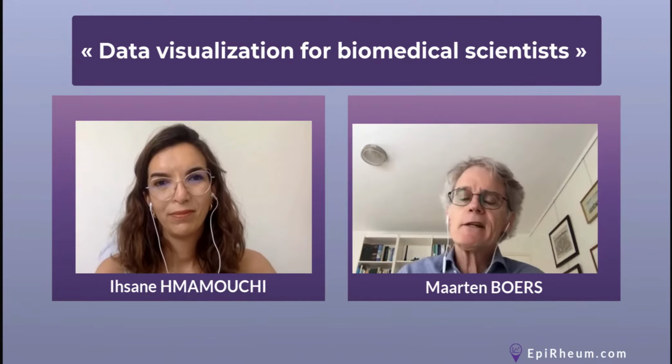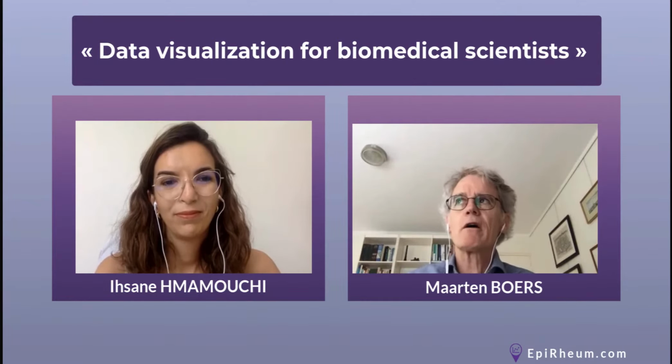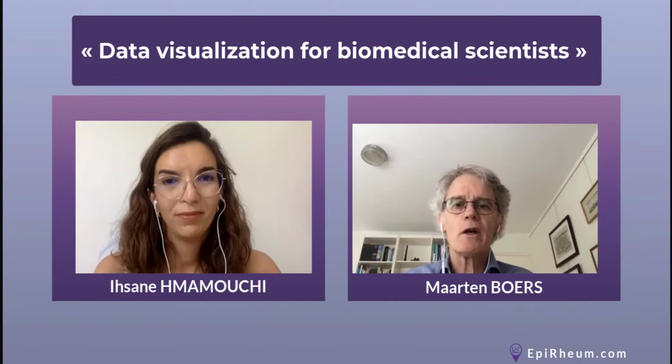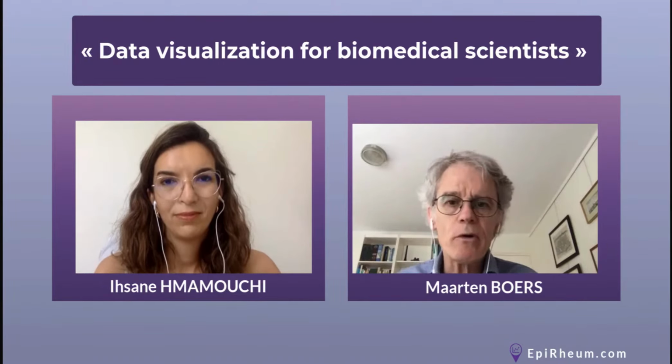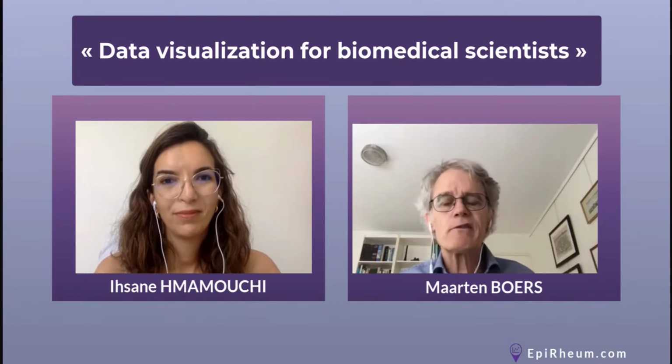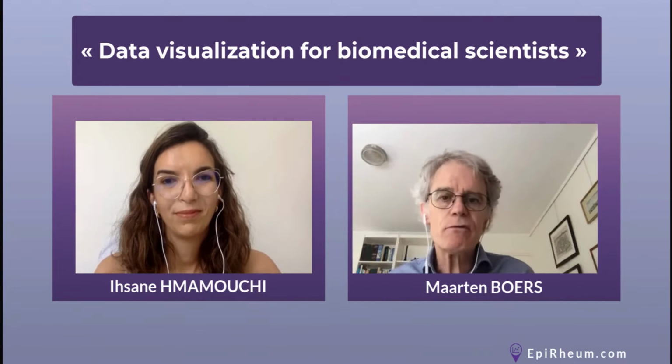And then I realized there's not a good book on scientific data visualization, because most of the books are targeted towards a larger audience, an audience of business people or tech experts or all kinds of people. And the graphs they use and the tables they use are a little bit different from the ones we use.